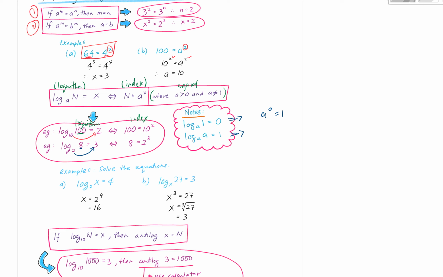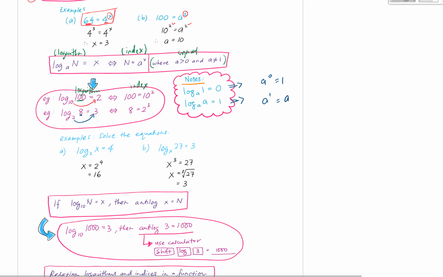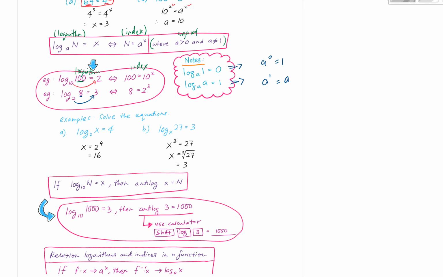Ini adalah A1 sama dengan A. Remember ini adalah variable, dia boleh tukar-tukar variables tu, konsepnya sama. Contoh log 3 1 sama dengan 0, ataupun log 3 3 sama dengan 1.